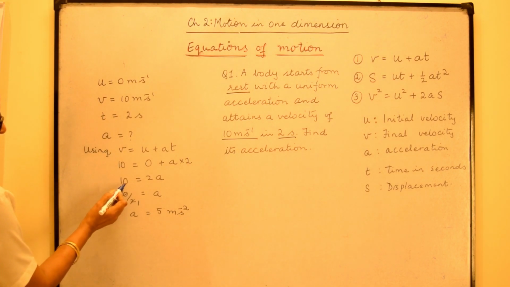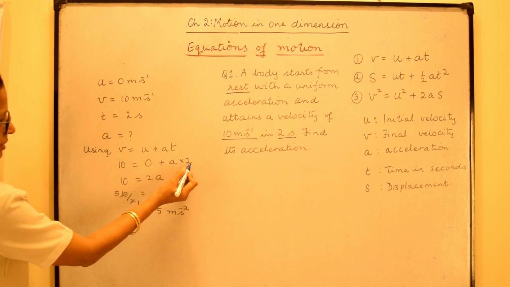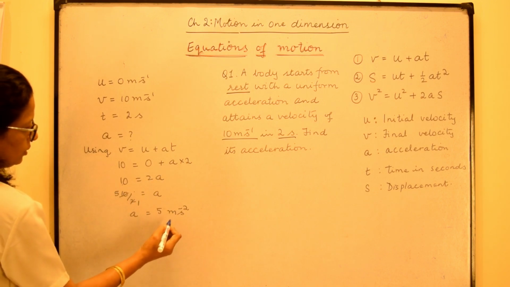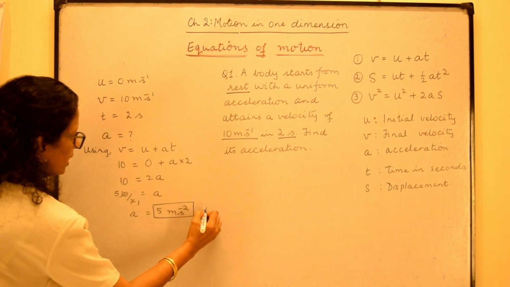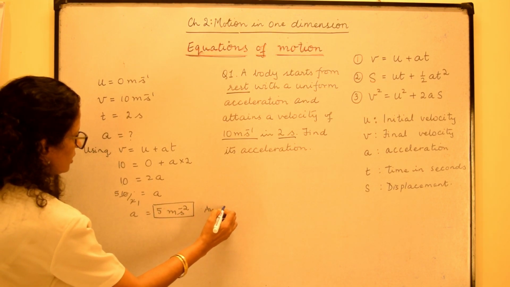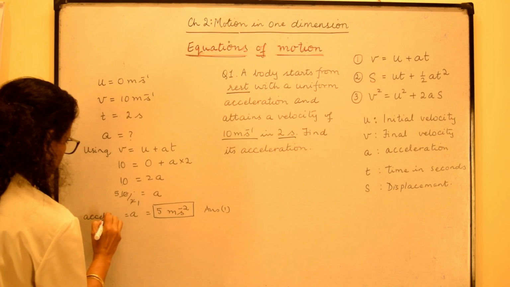You can see this 10 is actually 10 meter per second, and 2 is the second which has come here, and then you get your answer as 5 meter per second square, and that is our answer 1. We will write here acceleration.